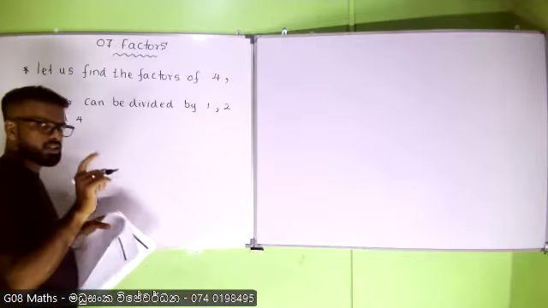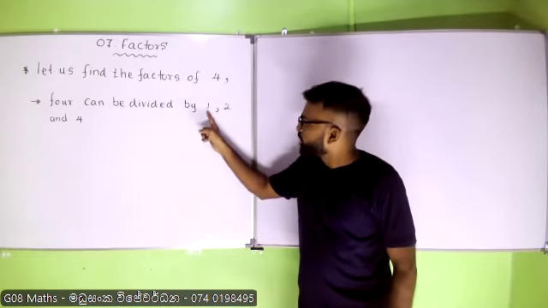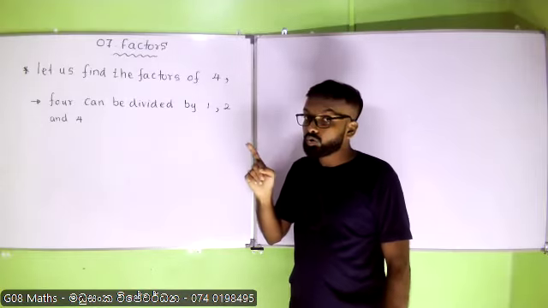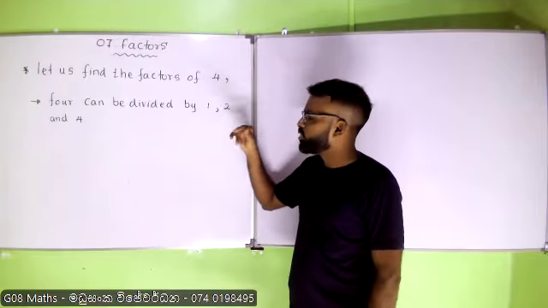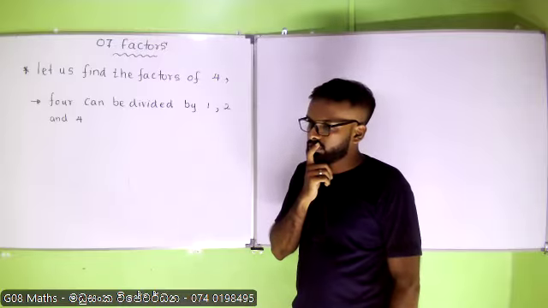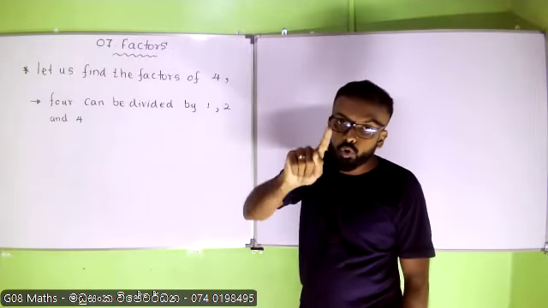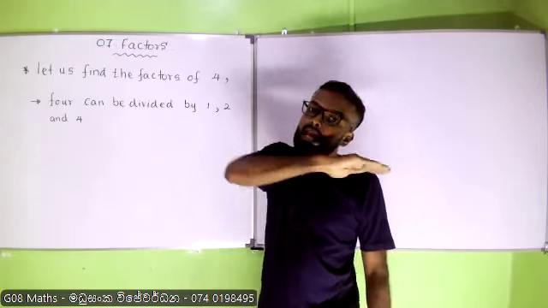So you already told me these things. 1 into 4, 4. 2 into 2, 4. So you have told me that 1, 2, and 4 are factors of 4. Why is that? Because 4 can be divided by using 1 without any remainder.